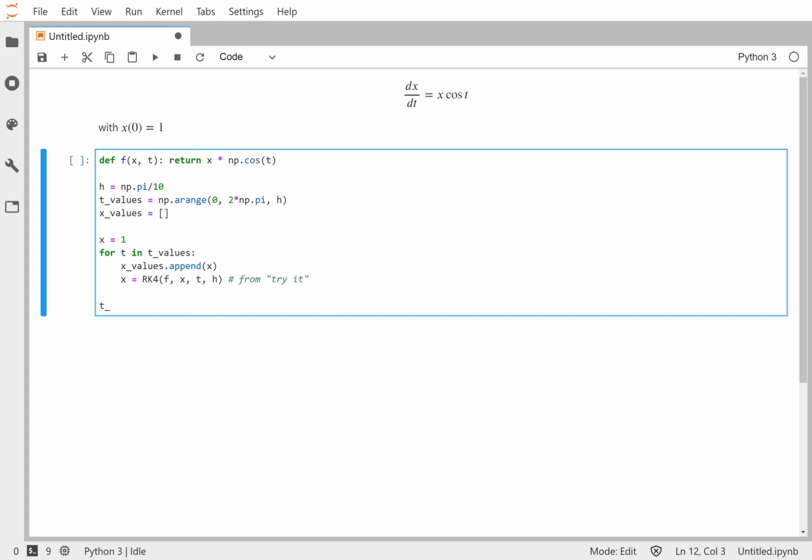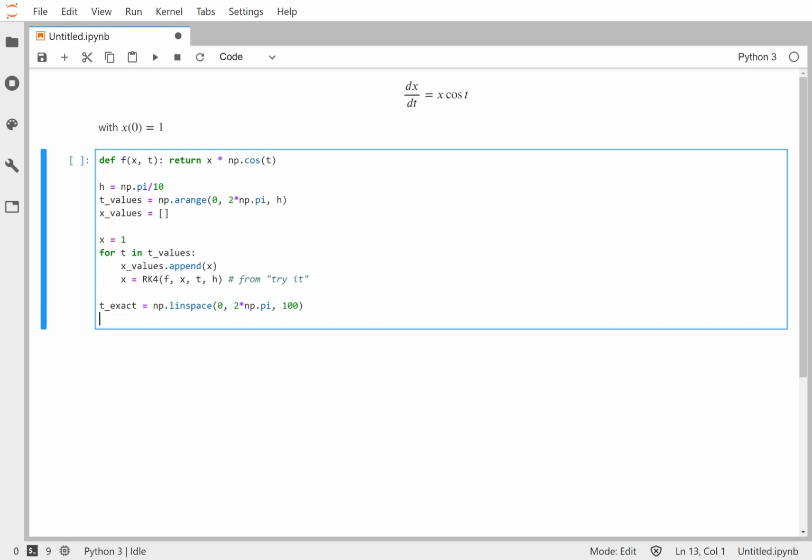And now let's make some plots. I want to check how accurate my result is. So I'm going to create some exact values here. We're going to do a linspace 0 to 2 pi. Oops, np.pi. We'll take 100 steps.